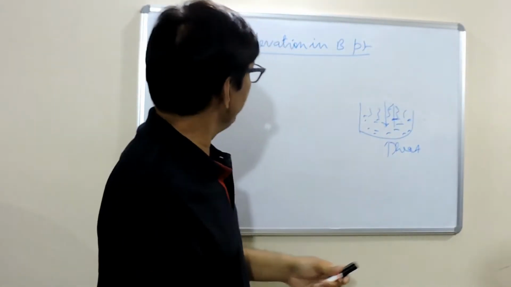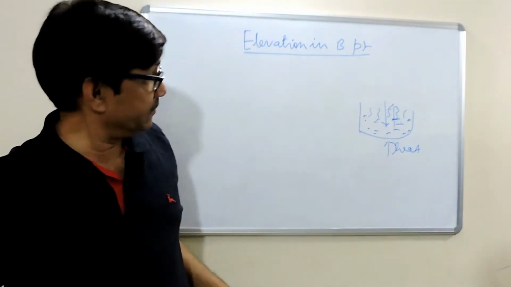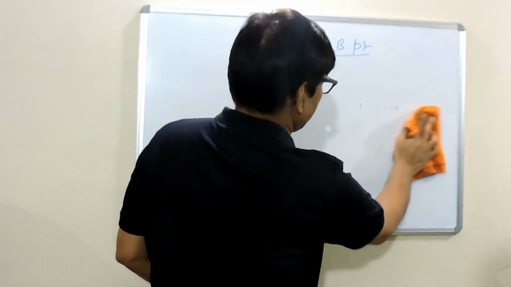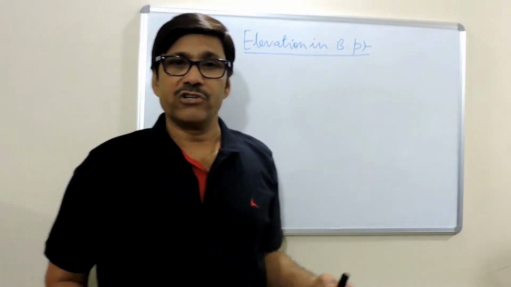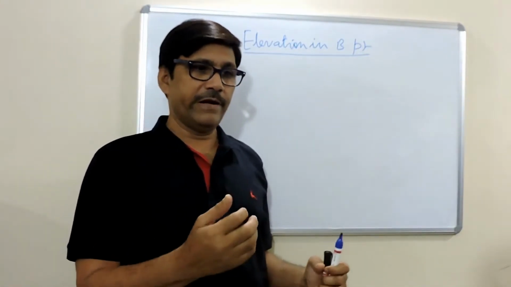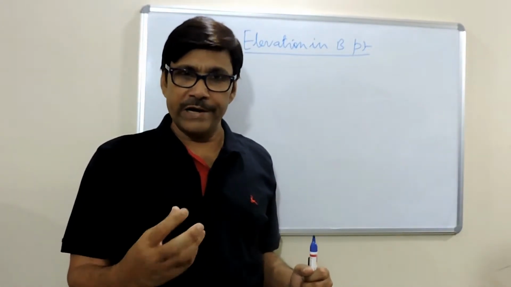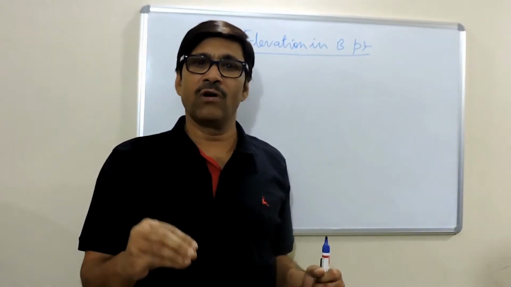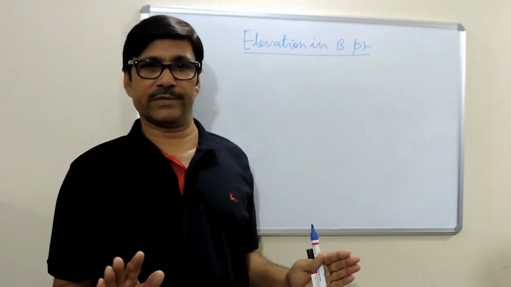Now, what is meaning of elevation in boiling point? Pure water boils at 100 degrees Celsius. But suppose we take drinking water, sea water, or water in which some non-volatile solute is added, then it will not boil at 100 degrees Celsius.